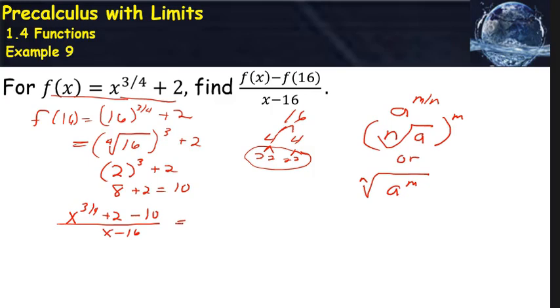And then I get x to the 3/4 minus 8 over x minus 16. Okay, and this can be written like this if you wanted to also. This could be the 4th root of x cubed minus 8 over x minus 16.